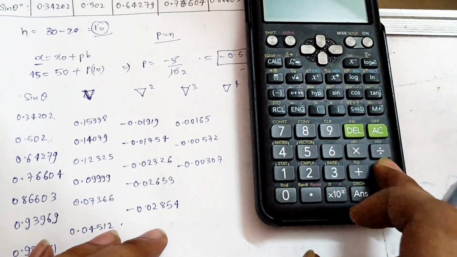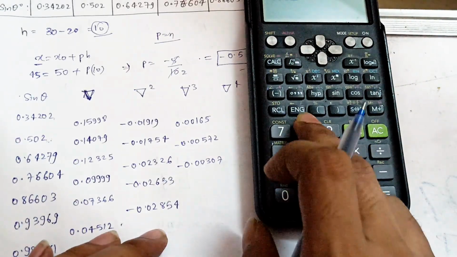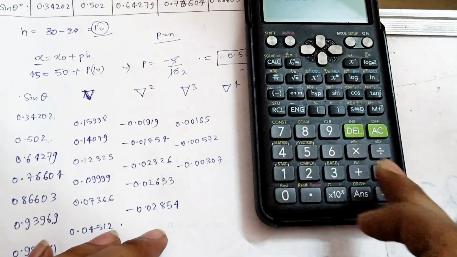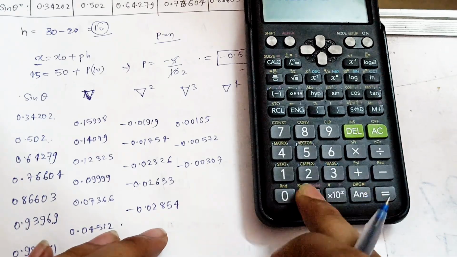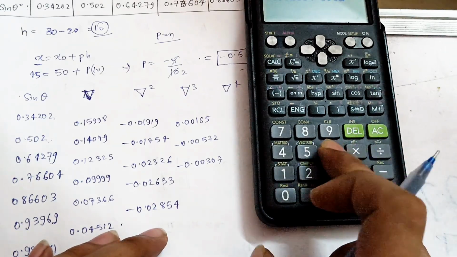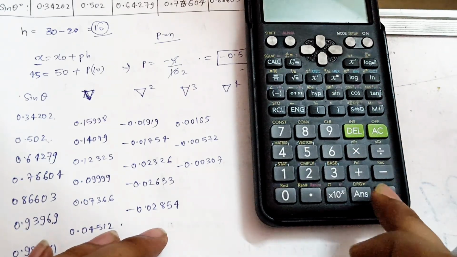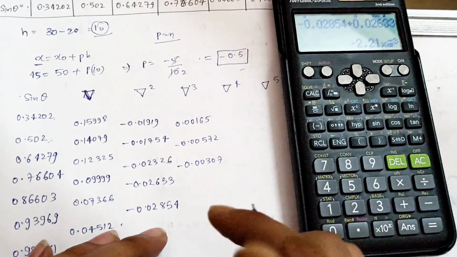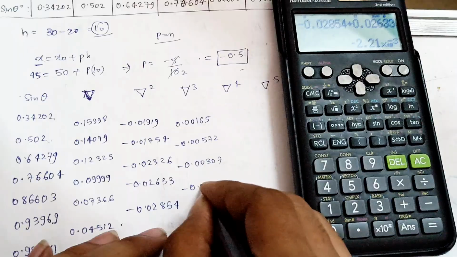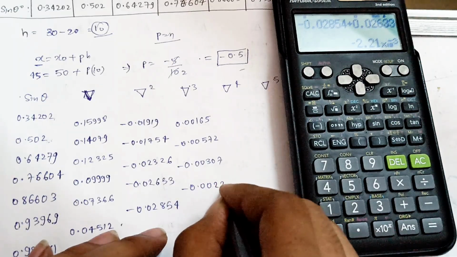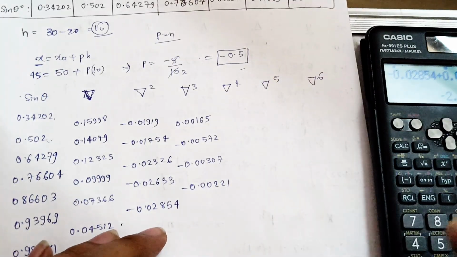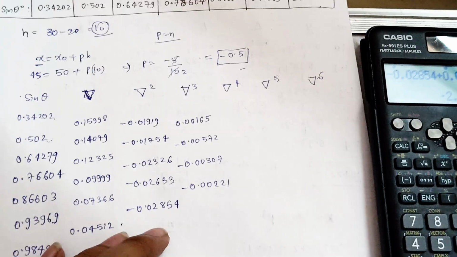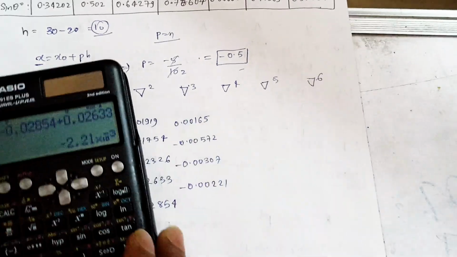Next one is minus 0.02854 plus 0.02633, that is equal to minus 2.21 into 10 to the power minus 3, that is minus 0.00221. Next we need to find del 4. So let's find del 4.